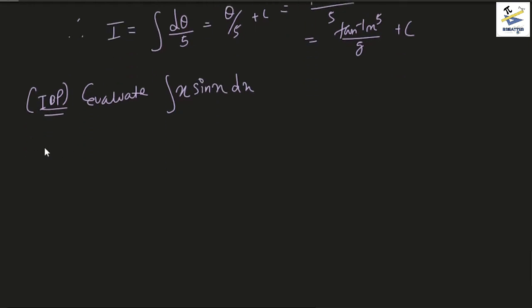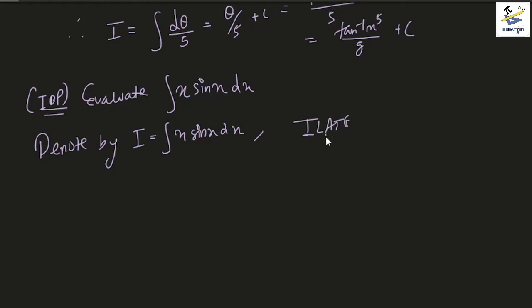So denote by I the integral, and whenever we see functions which are a product of two different kinds of functions, we try to remember our ILATE rule, where we know which one to take as the first function and which one as the second function. In the ILATE rule, the algebraic function comes before the trigonometric function. So the algebraic function should be function 1, and the trigonometric one should be function 2, right?